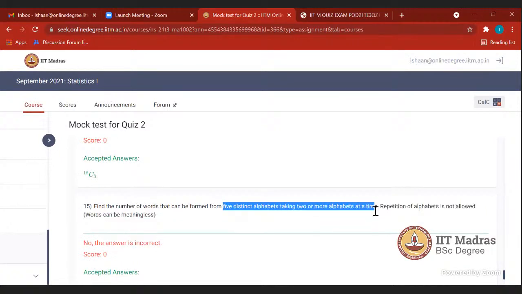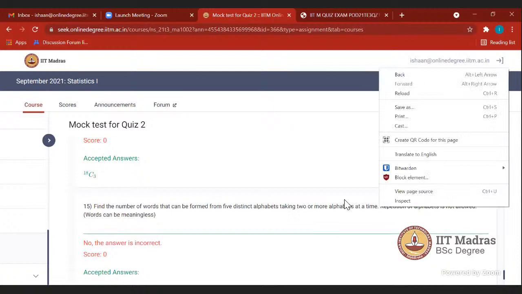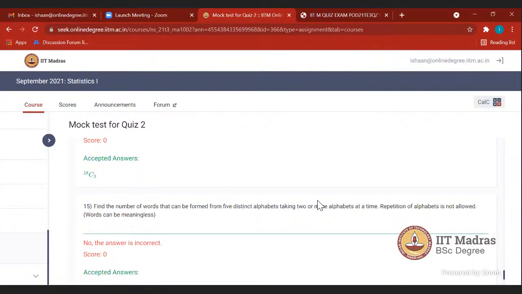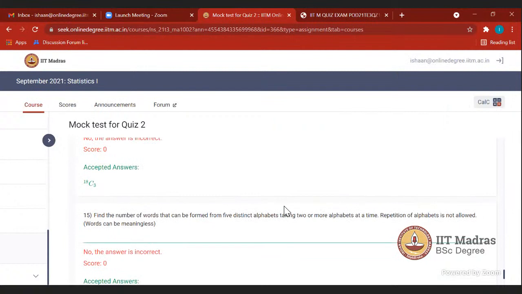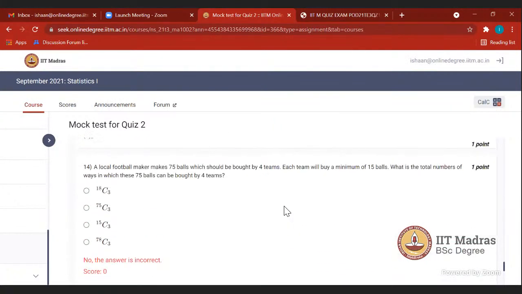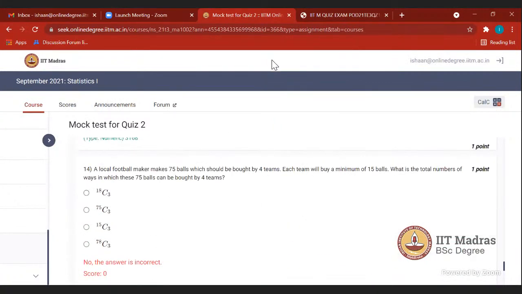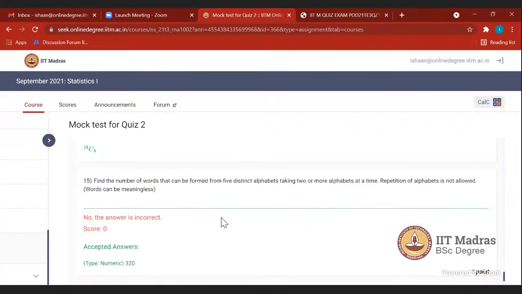Here we will use permutation because they are distinct alphabets, and you have to arrange them in different orders. And we can take at least 2, and more than that: 2, 3, 4, 5. So 5p2, 5p3, 5p4, and 5p5. The answer is 320, that is 5p2 plus 5p3 plus 5p4 plus 5p5.